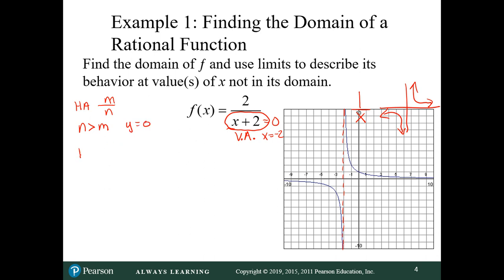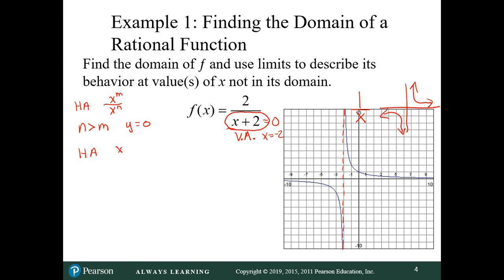Now, I said this wrong, didn't I? Yeah, I did. X to the m over x to the n. There we go. Now we got it. When the power in the denominator is higher than the power in the numerator, then y equals 0.